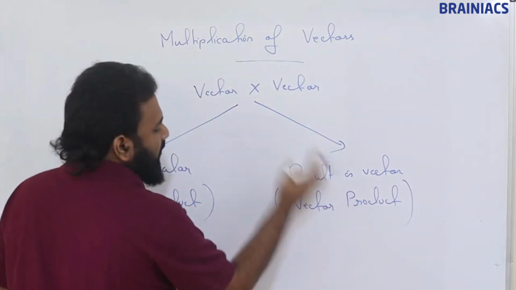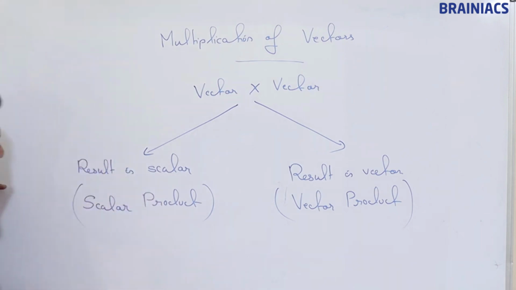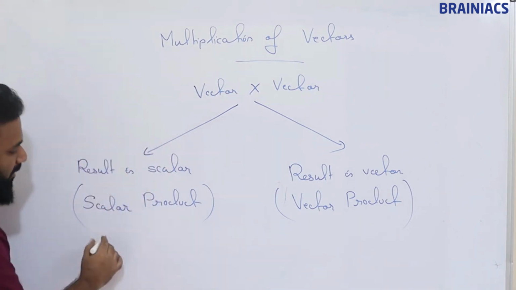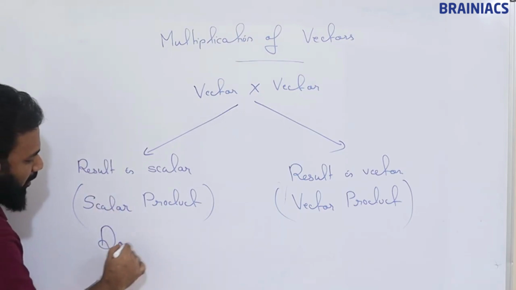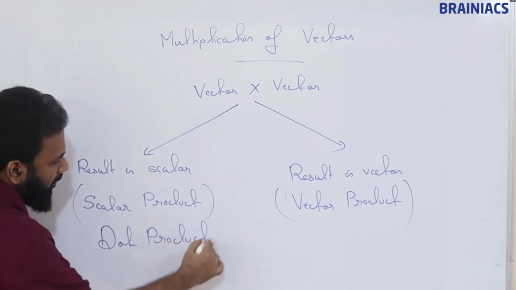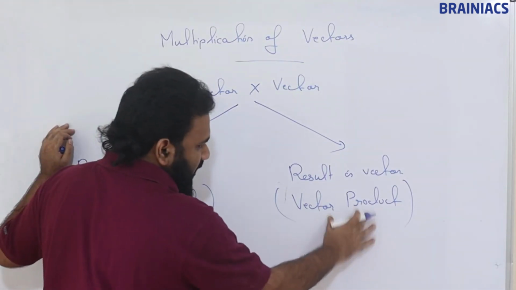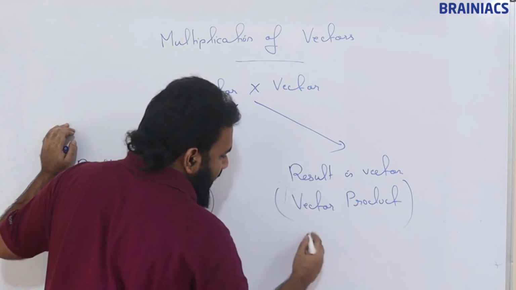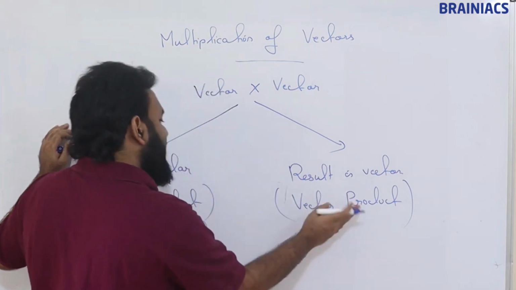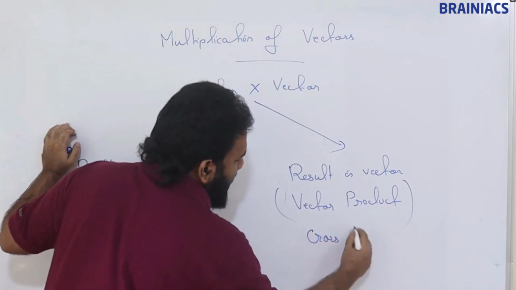When the result is vector, we say vector product. When the result is scalar, we call this type of multiplication dot product. When the result is vector, we call it vector product, which is commonly called cross product.